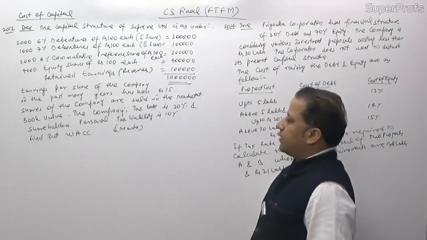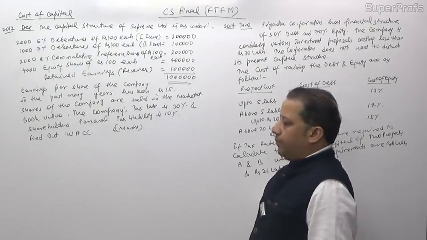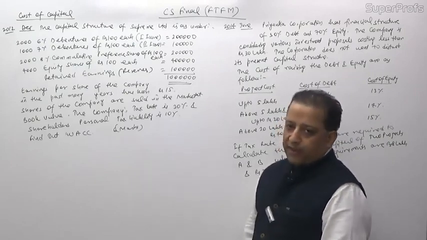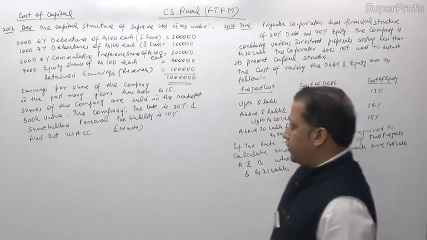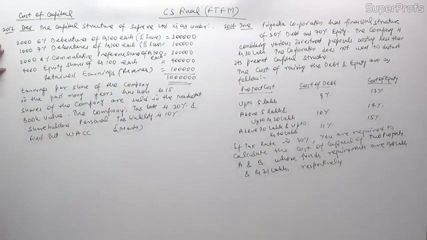The company's tax rate is 30%, and shareholders' personal tax liability is 10%. So in the first question from 2012 December, I need to calculate the weighted average cost of capital based on this information.